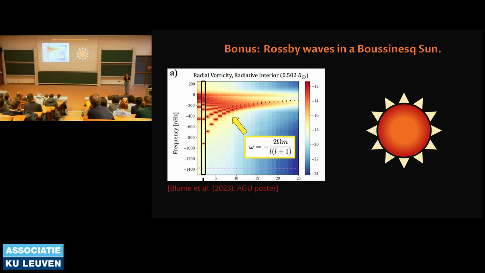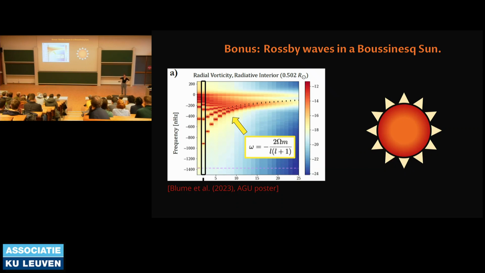And this actually started with a poster that we saw at the American Geophysical Union, of a dynamo simulation in the Sun, where they pointed out that they found something which they call Rossby waves. Rossby waves, for the time being, are a type of inertial wave, so waves without the stratification.